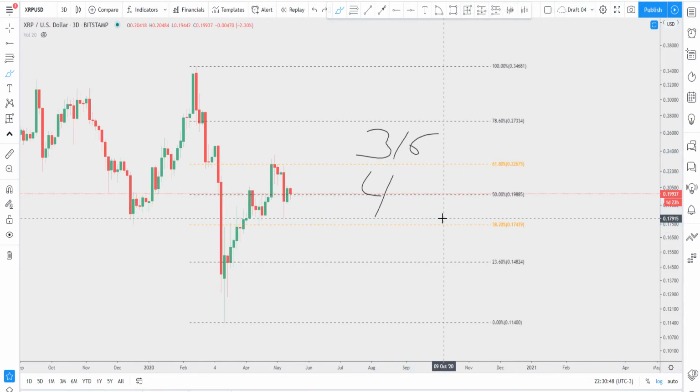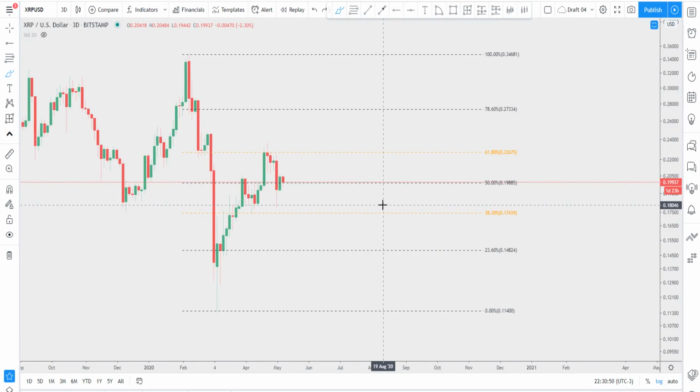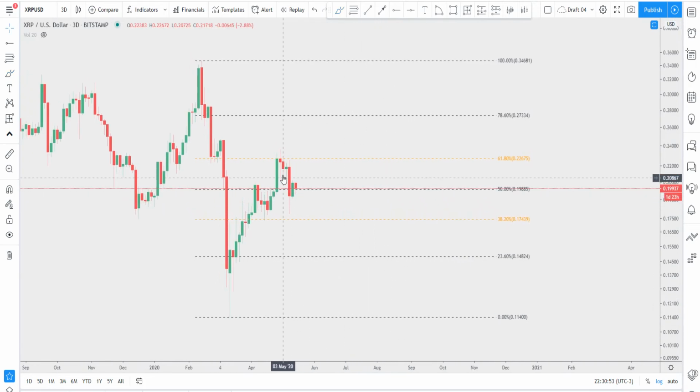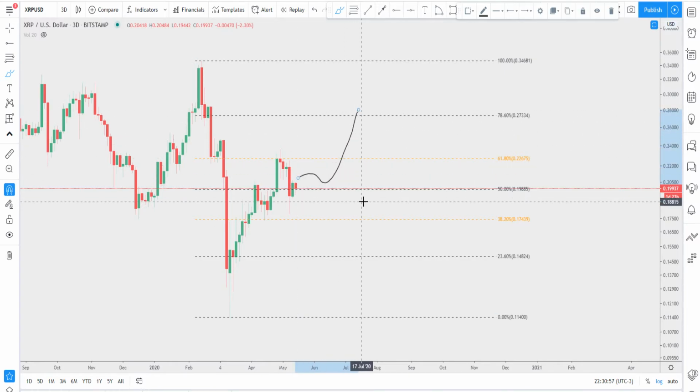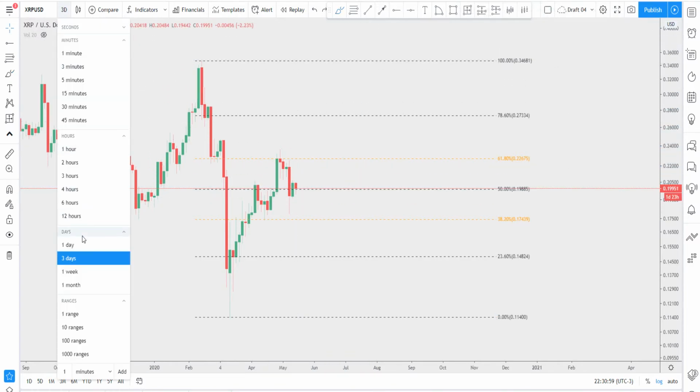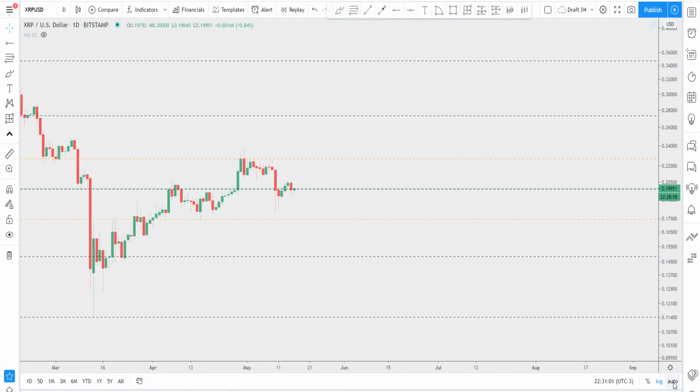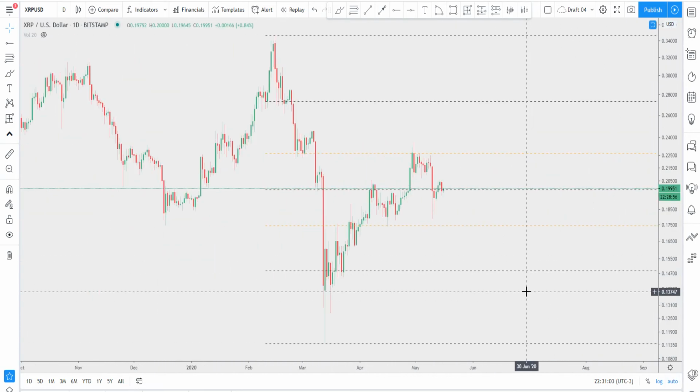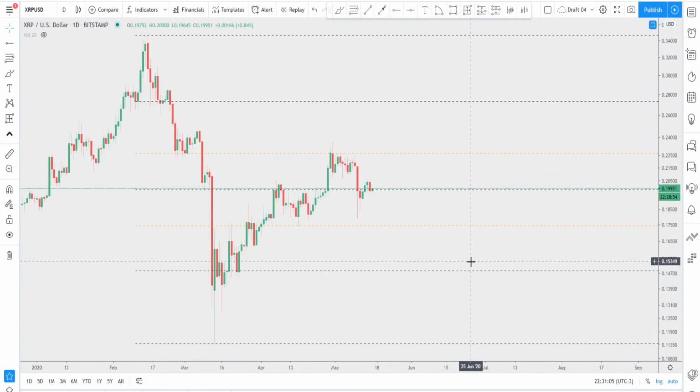Okay, this would be a better confluence and trigger for a bullish continuation. But even though it's possible to have, okay. And now let's take a look at the daily. Okay, so let's see.